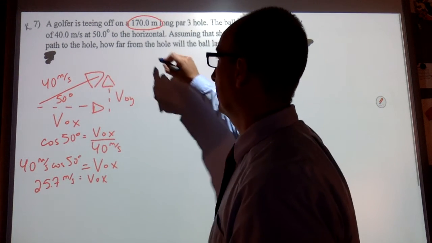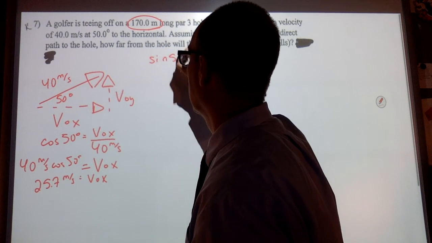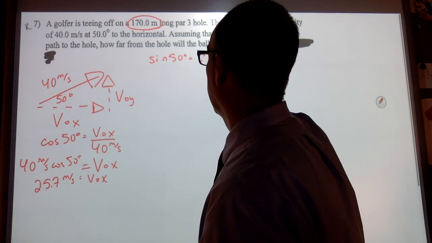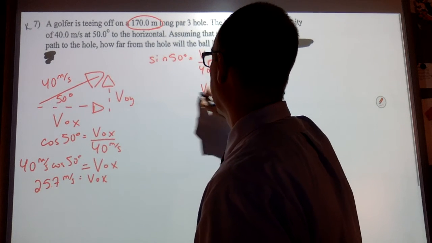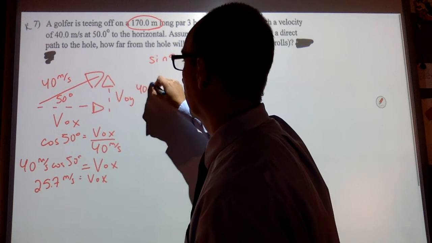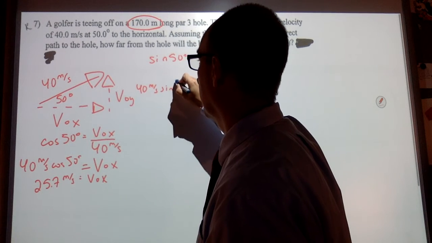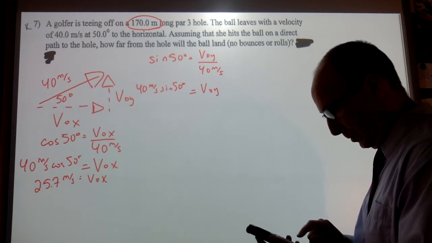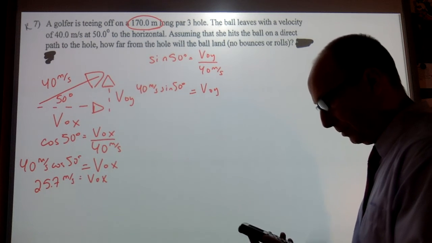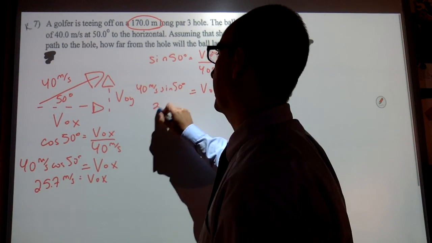In the y direction, I would have sine of 50 equal to v naught y over 40. So v naught y is going to be 40 sine of 50, which is 30.6.